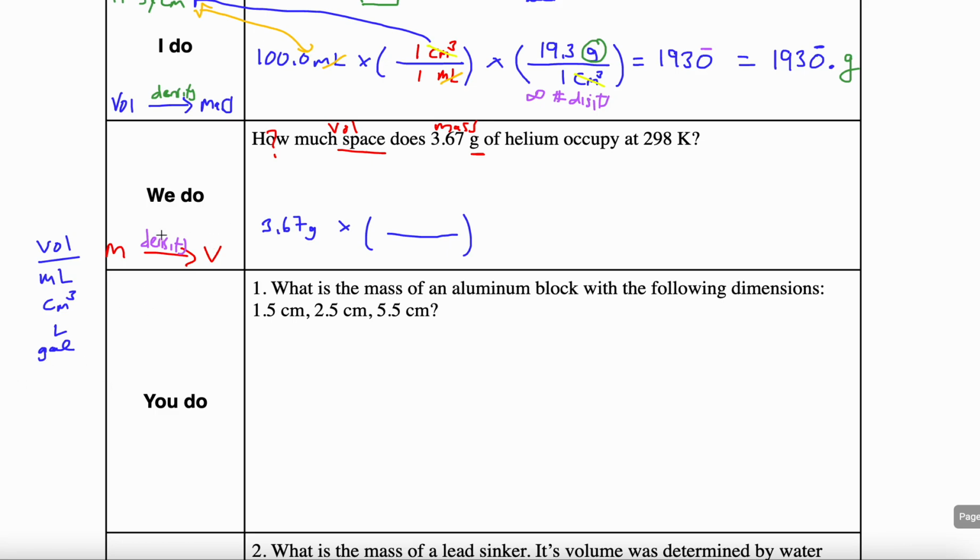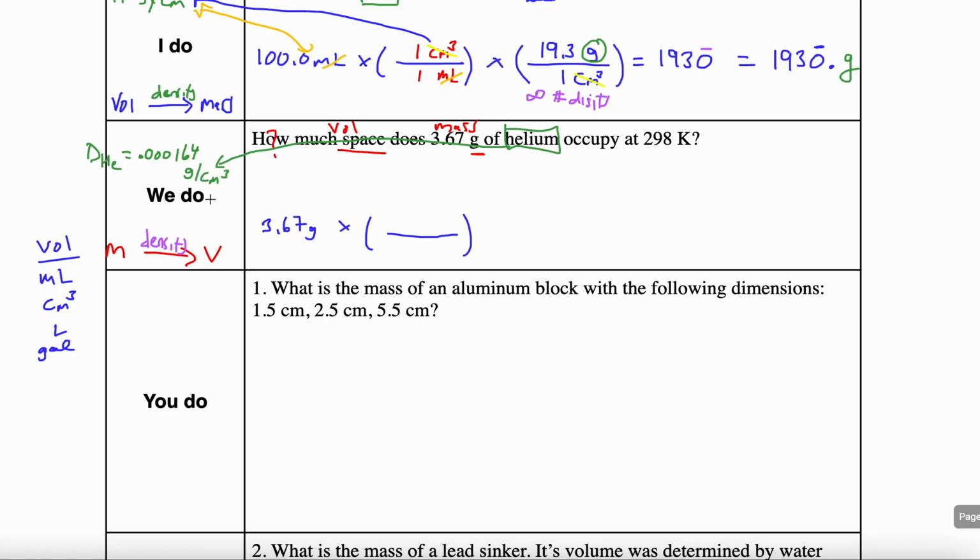We also need to know the density value of our substance, which happens to be helium. So you need to go into your chemistry tables, and the density of helium, according to our chemistry table, is 0.000164, and that unit is grams per centimeters cubed. So take a look.